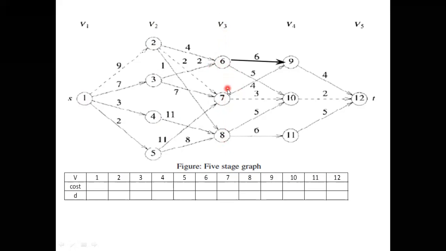Numbers are 6, 7, and 8. Fourth stage, V4, there are again 3 vertices, 9, 10, and 11. The last stage is V5. It is having only one vertex, call it as 12. Now it is showing as S and here it is showing as T. S is the source and T we will call it as sink. Sink means S-I-N-K. In most of the textbooks they will use the word sink. Or for simplicity you can understand that it is destination.